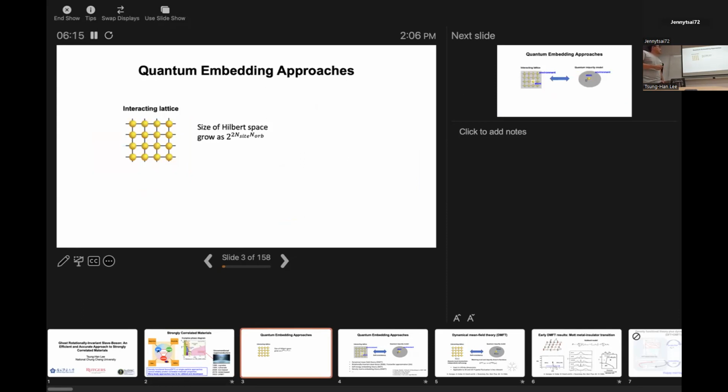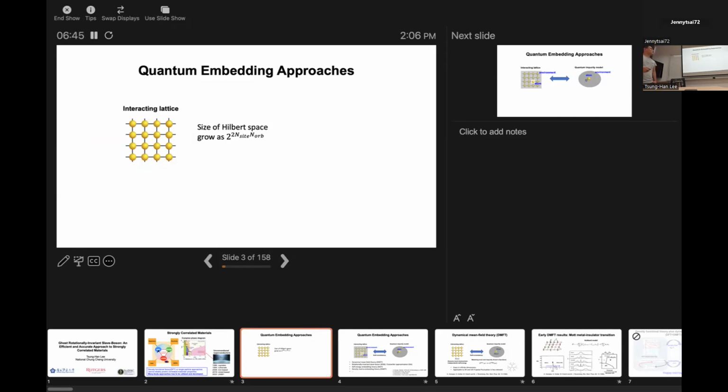So the many-body approach that I have been working on is based on the idea of quantum embedding. We all know that it is very hard to solve an interacting lattice problem exactly, because the size of the Hilbert space grows exponentially with the number of sites and the number of active orbitals on each atom.